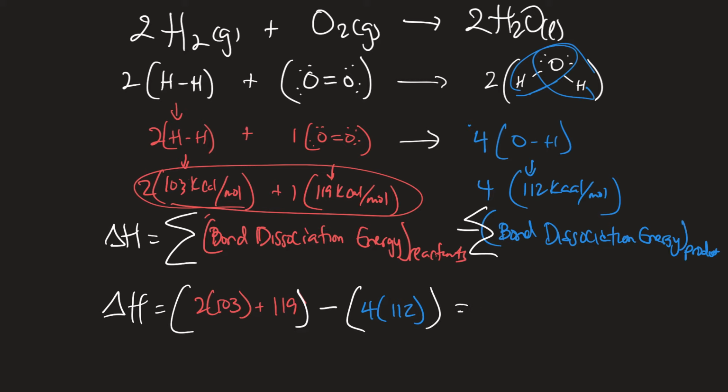When we plug this into the calculator correctly, we get our answer to be negative 123 kilocal per mole. So our delta H for this reaction is negative 123 kilocal per mole.